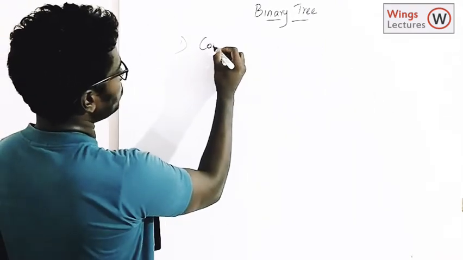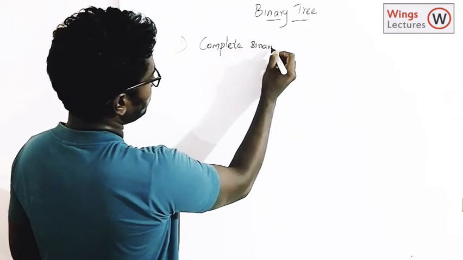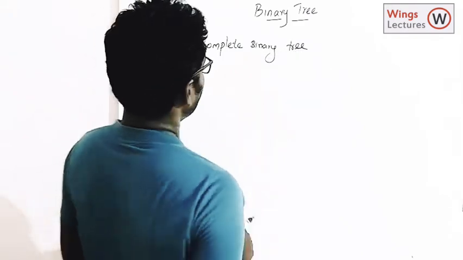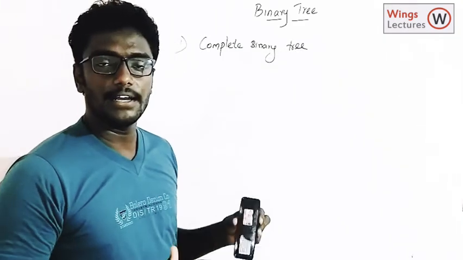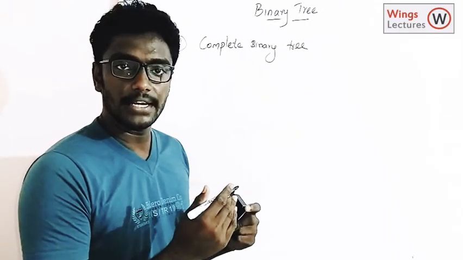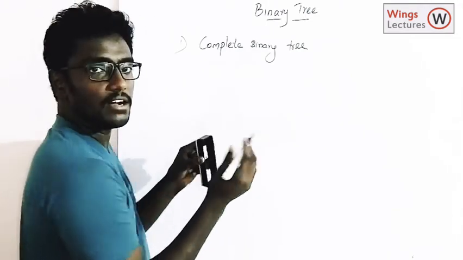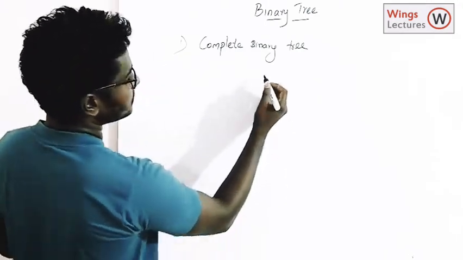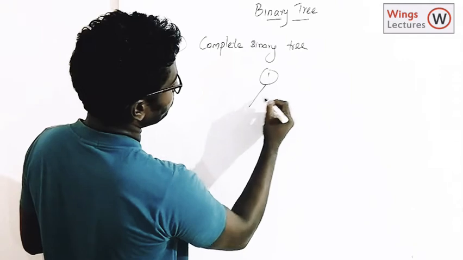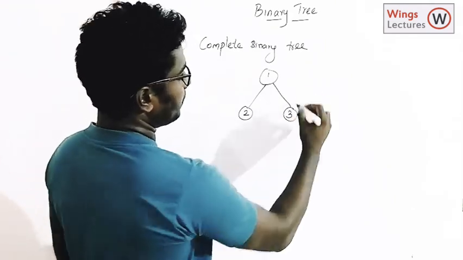The next one is complete binary tree. The complete binary tree follows the principle that the levels of the children should be the same. It cannot lie on a single side like this. Let's follow this one. So it's a complete binary tree.